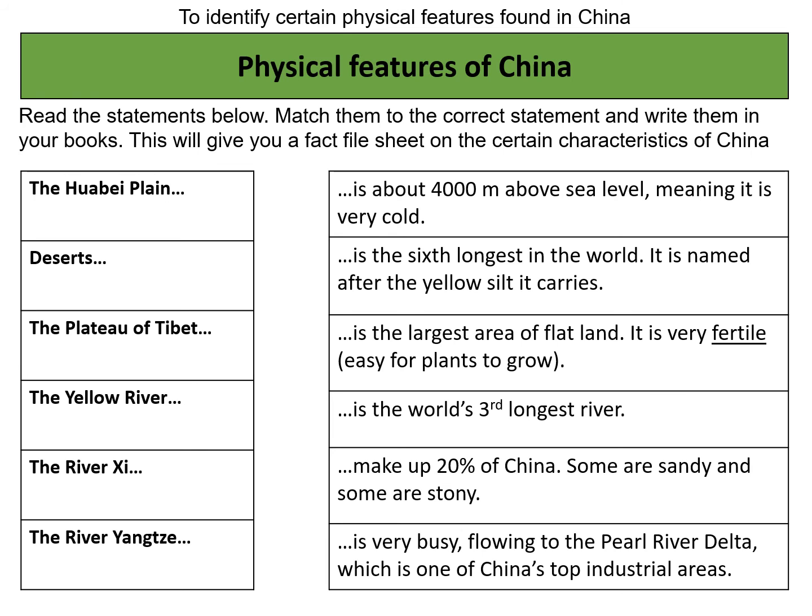So we have got here different characteristics of China, and this will give us a fact file. So you need to simply write out deserts make up 20% of China. Some are sandy and some are stony. So I've given you an example here of one, okay? And then on the next slide, it gives you the answer. So make sure you pause it here before you complete this activity, and then you can get your answers on the following slide.